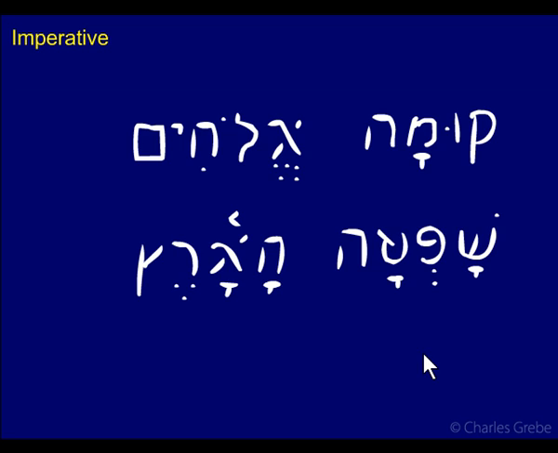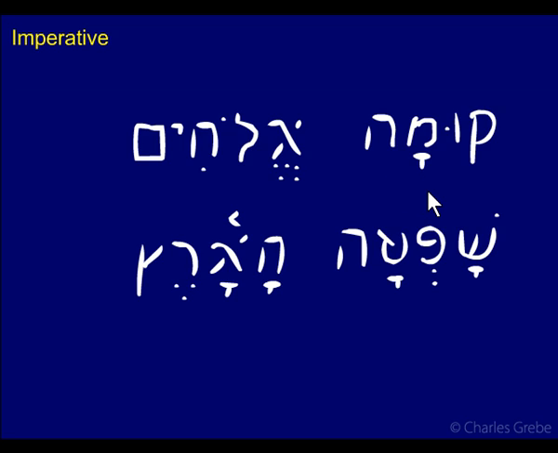We use the imperative form, and this example comes from Waltke O'Connor, page 572, and it is found in Psalm 82, verse 8. So here we have the psalmist speaking to God, and he says, Kuma Elohim shafta haaretz. Now kum is a verb we haven't seen yet, but you can see that this is an imperative, or at least you can see that this is the long form of the imperative.